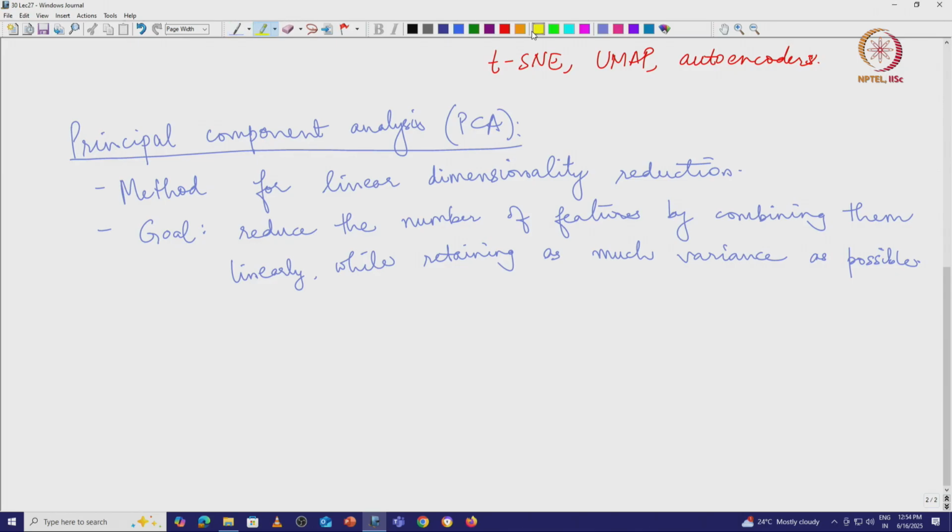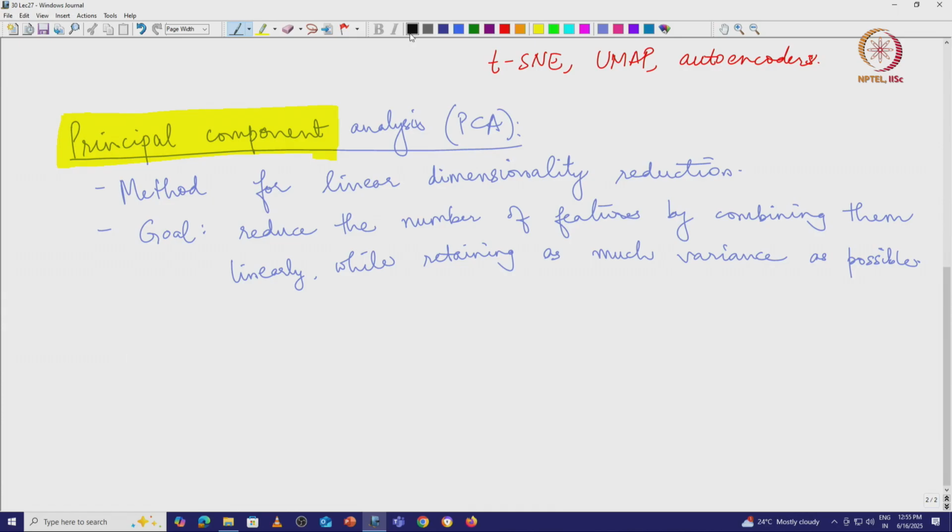So, to understand the meaning of principal component analysis, we focus on the phrase principal component, right. So, what does that mean? The word principal by itself means main, right. So, we are looking at the main components, or the main directions in which the data set is varying a lot.